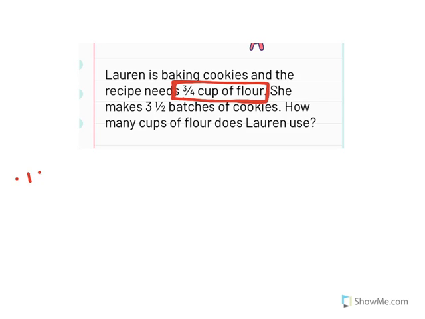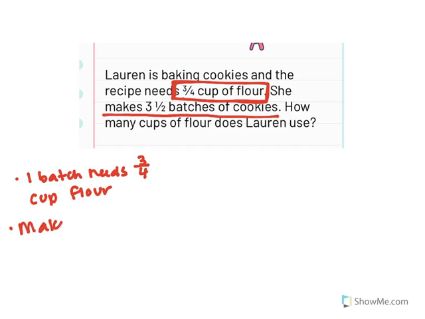So one batch needs 3/4 cup flour. But she makes 3.5 batches of cookies. So makes 3.5 batches. We want to know how many cups of flour did Lauren use?